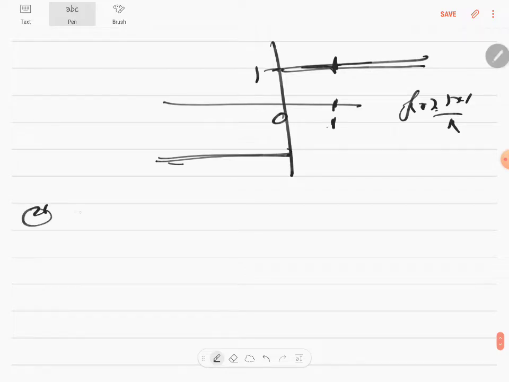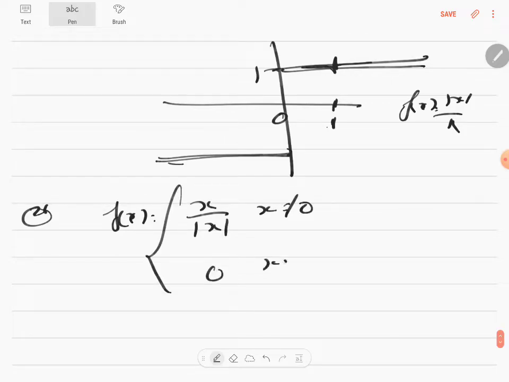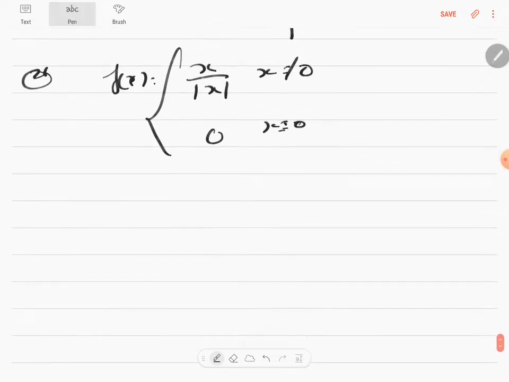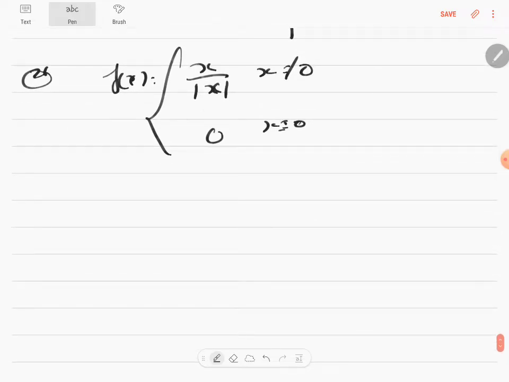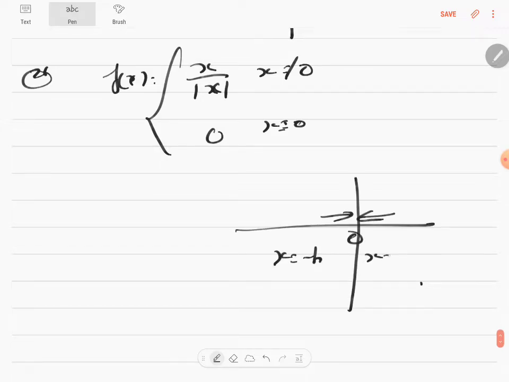26th question. f of x is equal to x by mod x when x is not equal to 0, and 0 when x is equal to 0. Okay, this is also a signum function. Mod x by x and x by mod x are the same. So you are going to approach 0 from the left and 0 from the right, where x itself is minus h and x is equal to plus h.